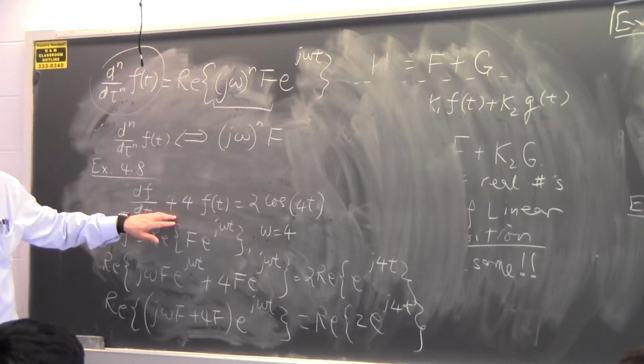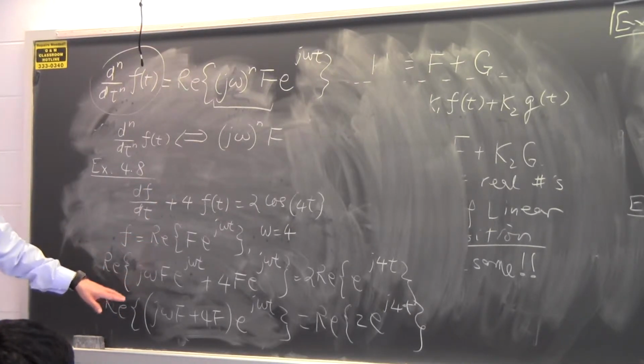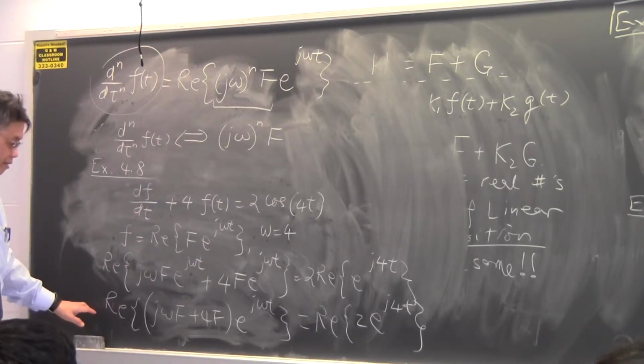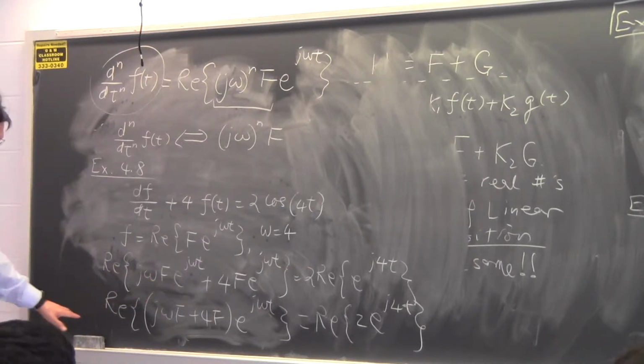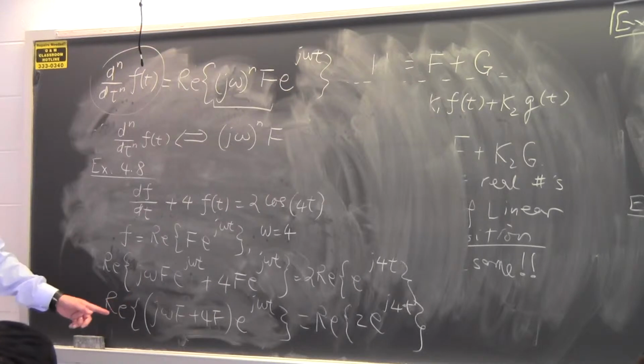We found that many times over before we went into phasors, but here you see it very clearly immediately. And then you have to take the real part of these two functions, and this has to be valid for all times.